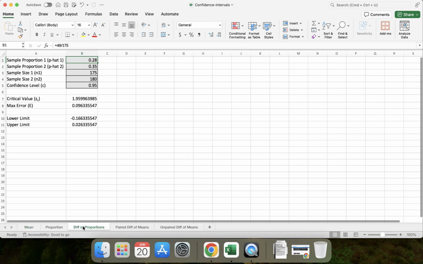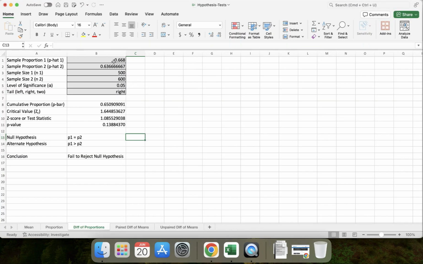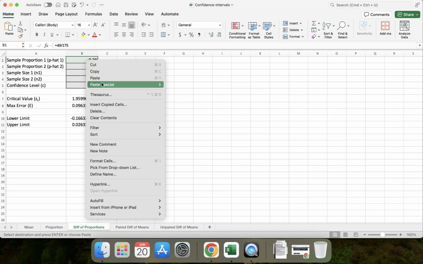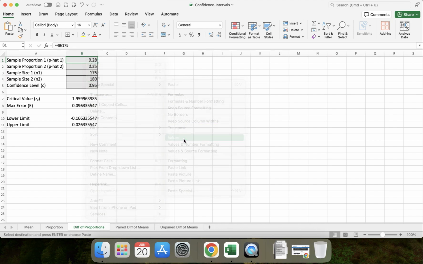Make sure you go to difference of proportions at the bottom. I'm going to take those first 4 things, copy them, and paste them over here. You can see that they're the same things. They have the same names in this file. And then the confidence level is 95% already.